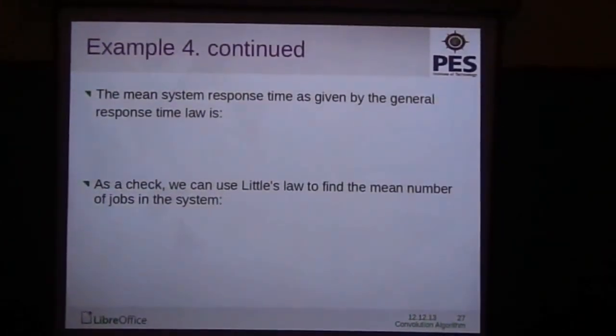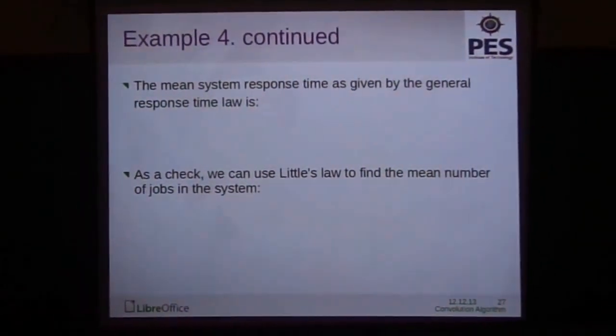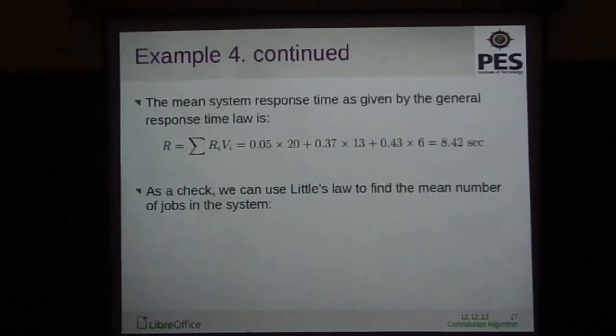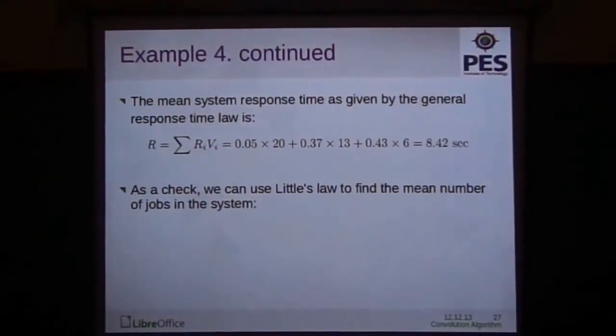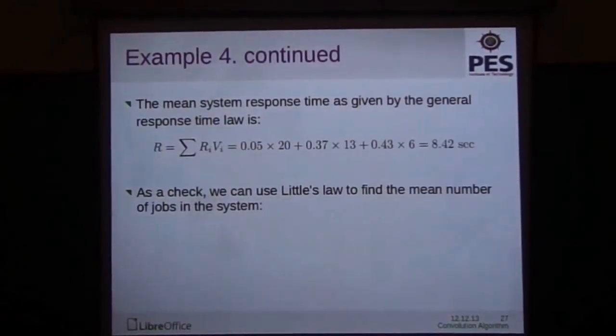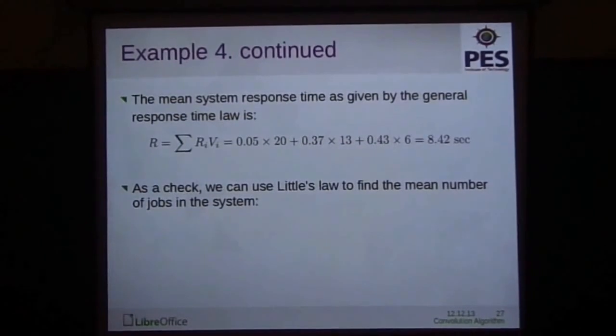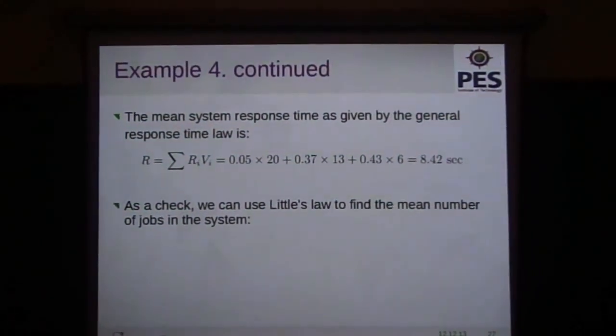The mean system response time as given by the general response time law is R equals summation of Ri into Vi, that equals 0.05 into 20 plus 0.37 into 30 plus 0.43 into 6, equals 8.42 seconds.